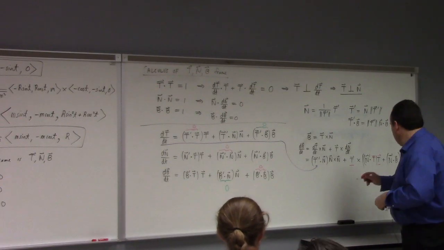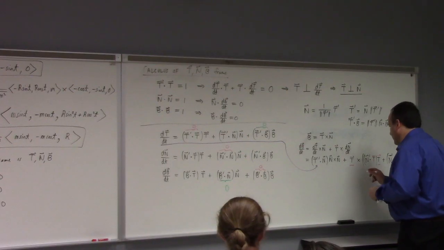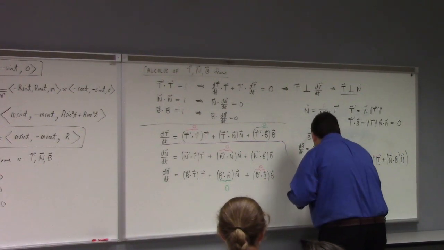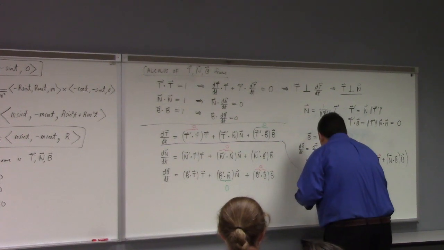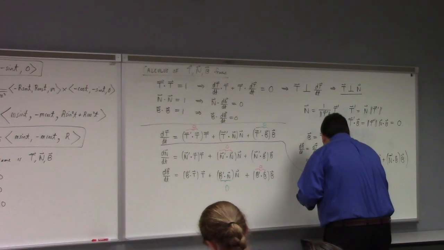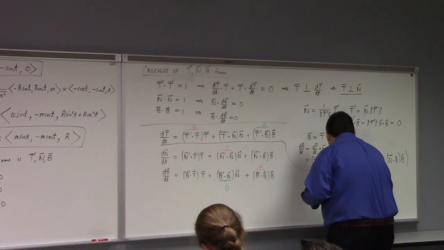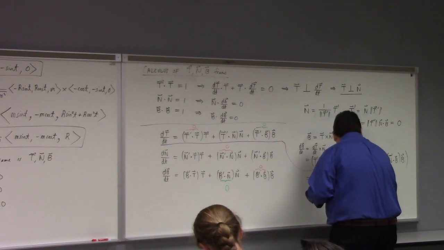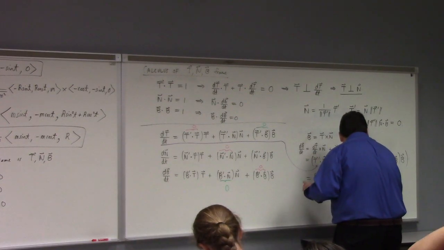So this piece is gone, and we're just left with dB dt equal to n prime dot b times t cross b.